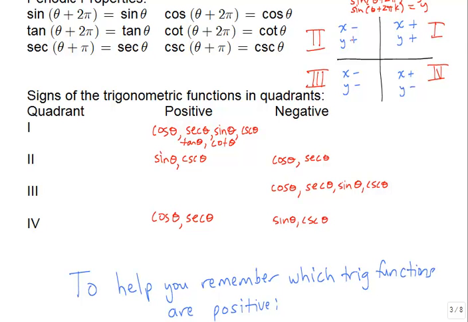In quadrant 2, if you take a positive y divided by a negative x, it's going to stay negative. So tangent is negative in quadrant 2, and so is its reciprocal. In quadrant 3, a negative divided by a negative becomes positive, so in quadrant 3, tangent and cotangent are both positive. And in quadrant 4, a negative divided by a positive stays negative.